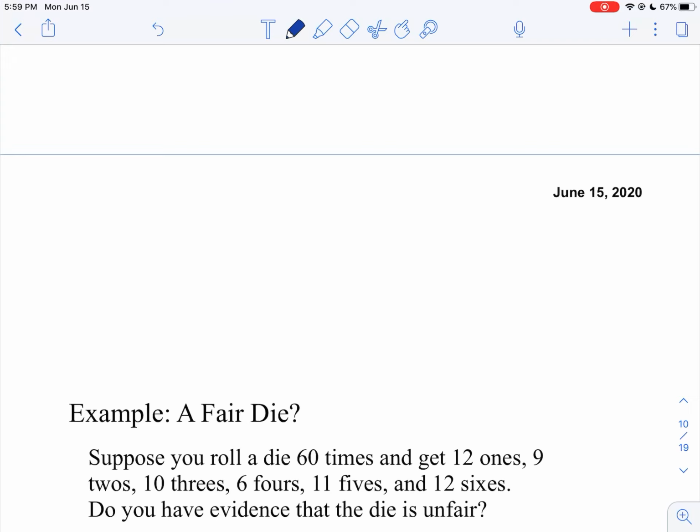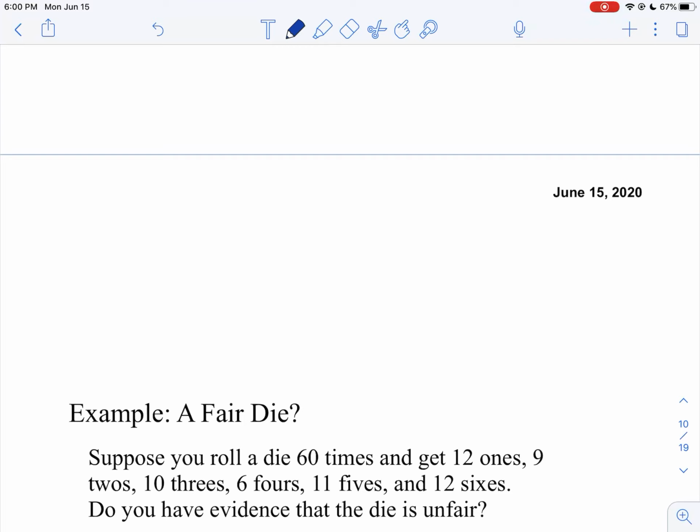I might roll a 2, then a 3, then a 2 again, then a 5, so in 6 rolls I wouldn't expect exactly one of each number. Same thing if I rolled it 60 times, I shouldn't expect to get exactly 10 of each number.